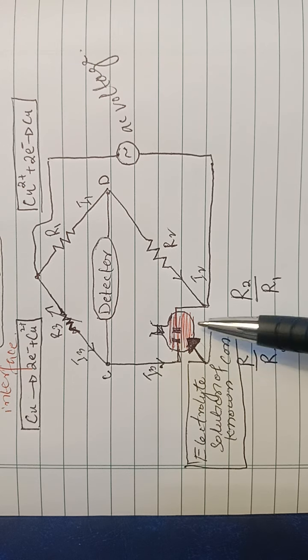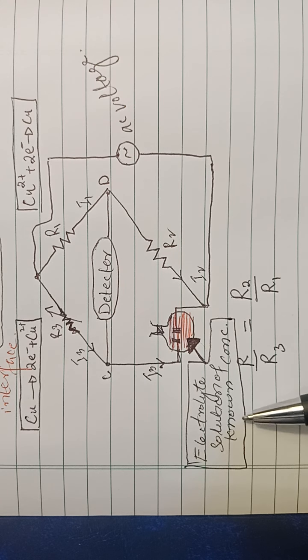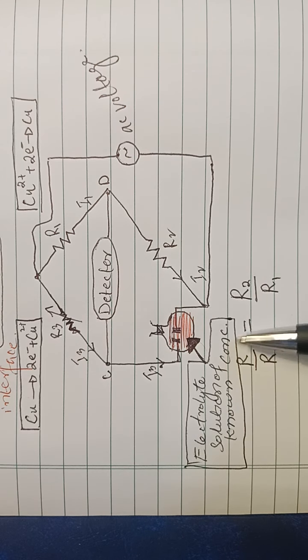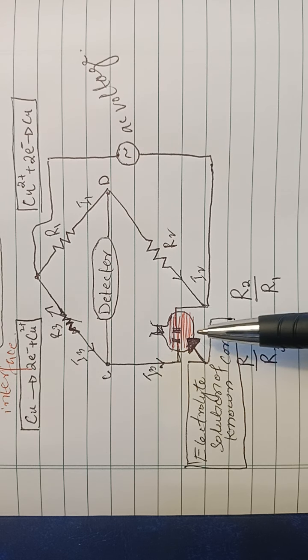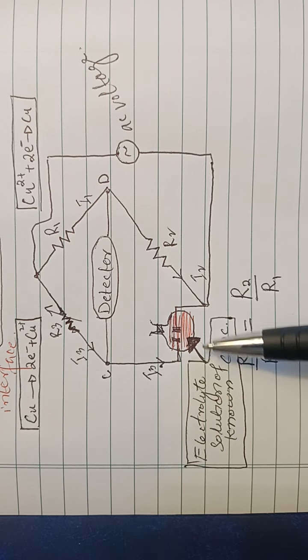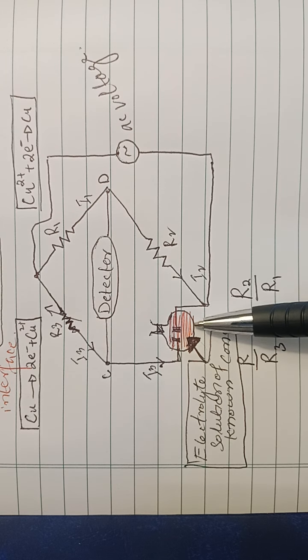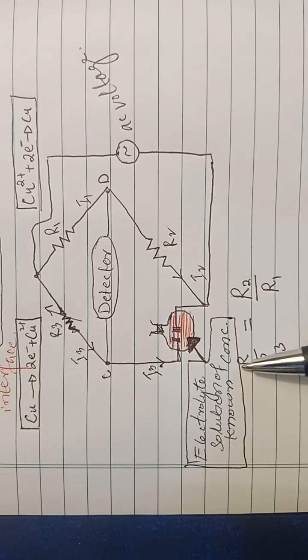In the conductivity cell, an electrolyte solution of known concentration is added, or we can have a small cell which can be dipped in any electrolyte solution and can be washed and reused again and again.